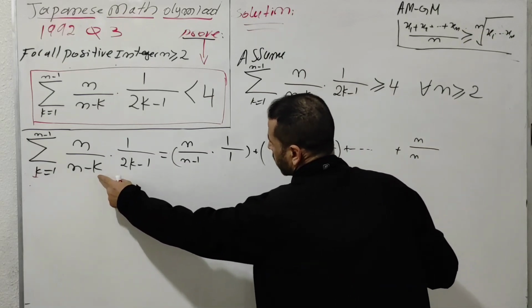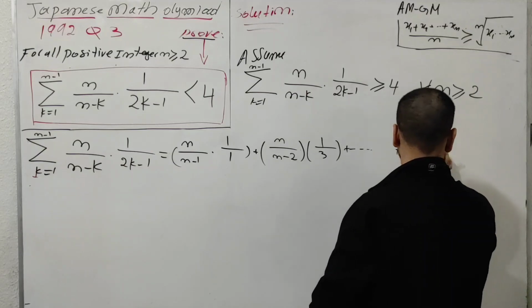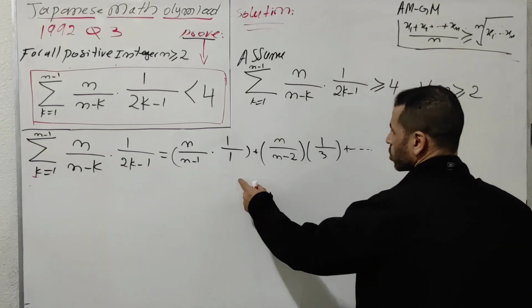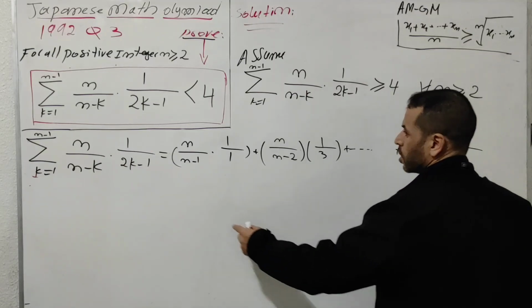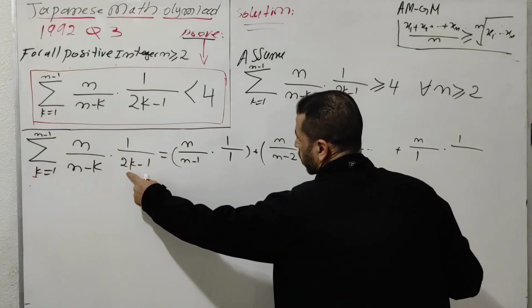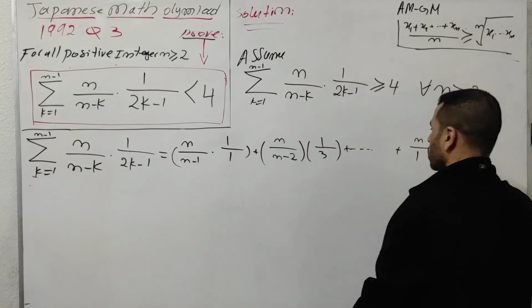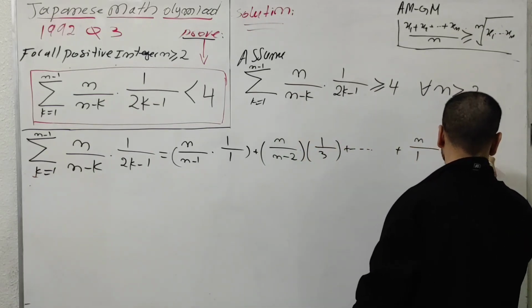I get n minus n plus 1, which is 1, multiplied by 1 over 2n minus 1 minus 1, which is 2n minus 3.